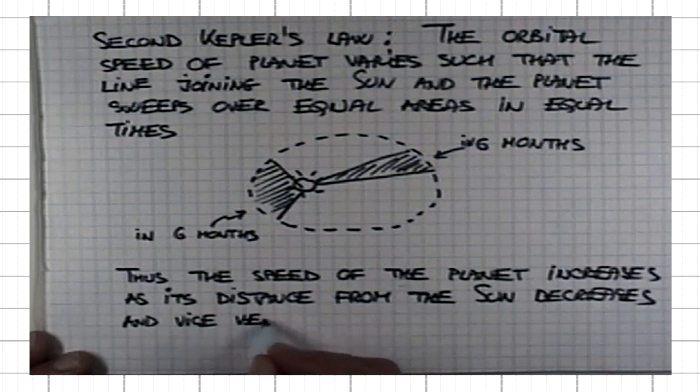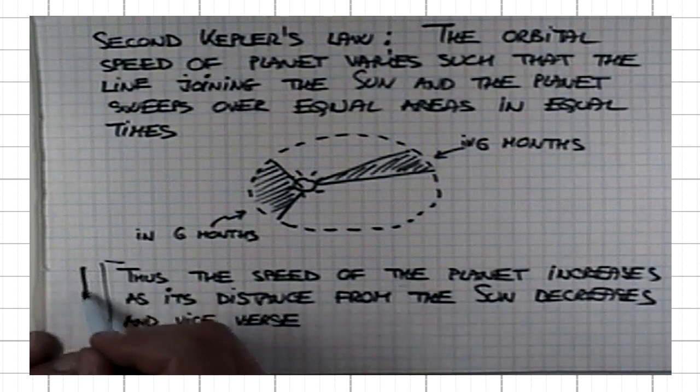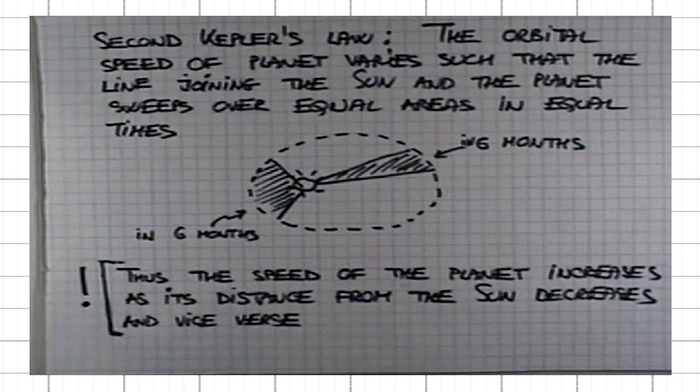So that's basically what you need to remember. You're not going to do any calculations yourself to remember this area law. But the implication is that when the planet is close to the sun, it moves faster than when it is at a greater distance from the sun.